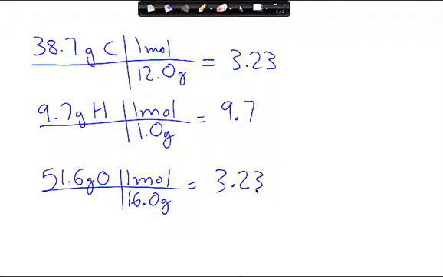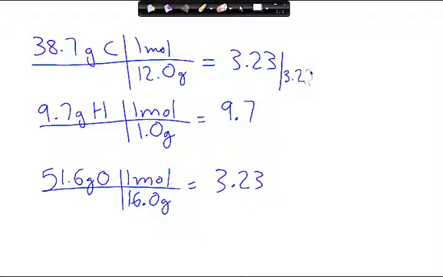For every 3.23 atoms of carbon, we have 9.7 grams of hydrogen and 3.23 atoms of oxygen. The problem is in a molecule, we can't have fractions of atoms. So what we need to do is turn these into whole numbers by doing what? Dividing by the smallest number, which is 3.23.